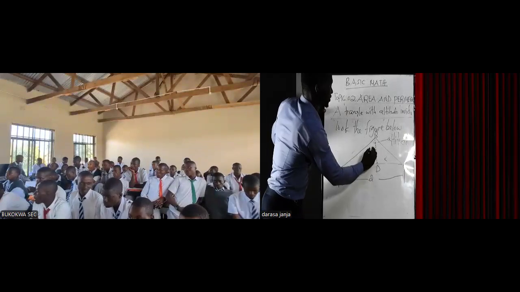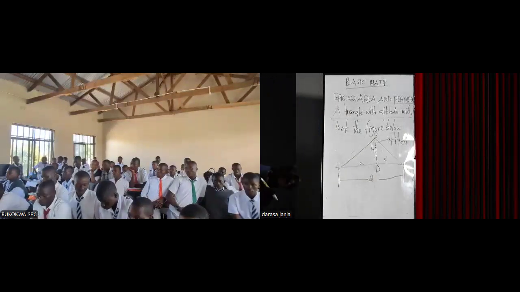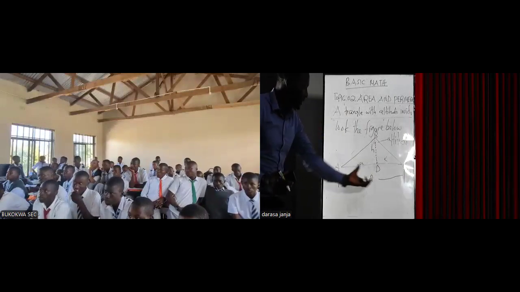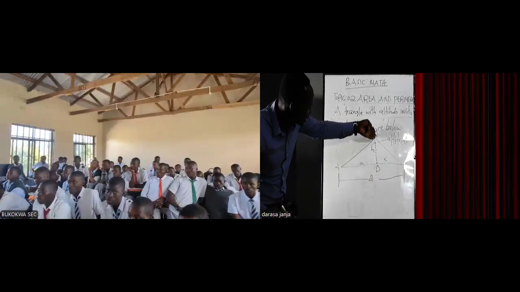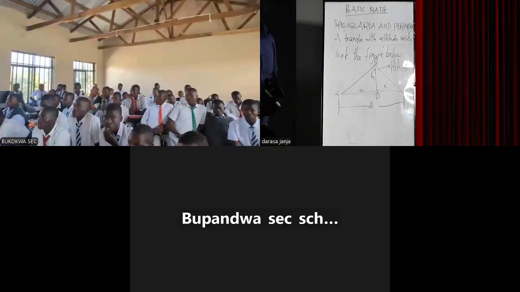But this altitude, let me call it H. So suppose they're asking you to find the area of a triangle like this one, in which the height is precisely inside.